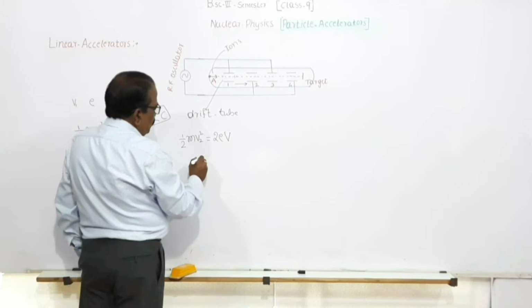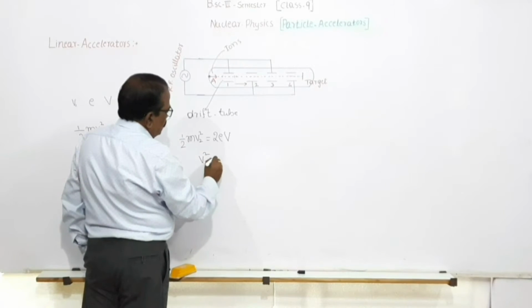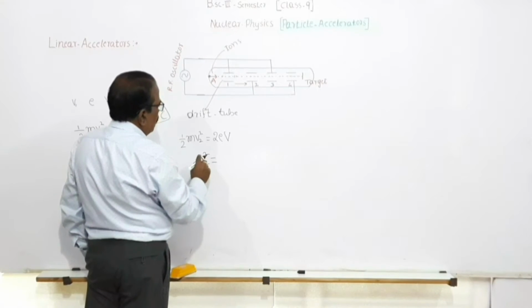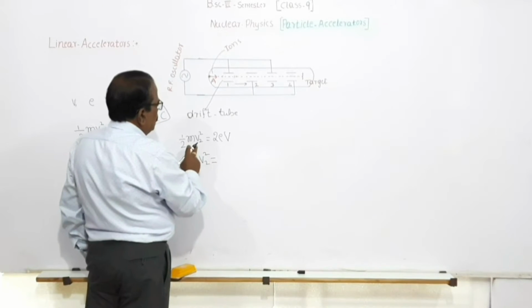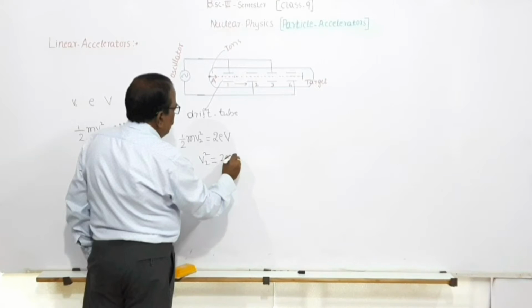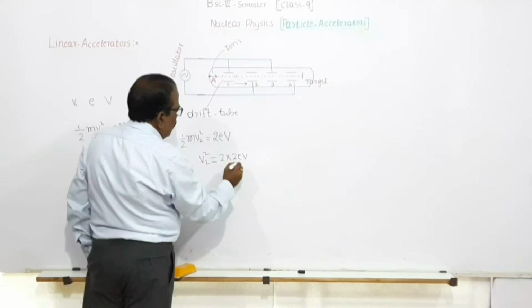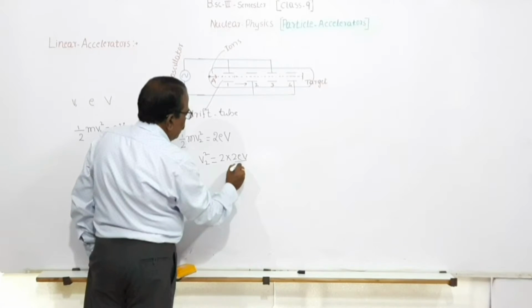Then here v2 square is equal to 2 into 2EV upon m.